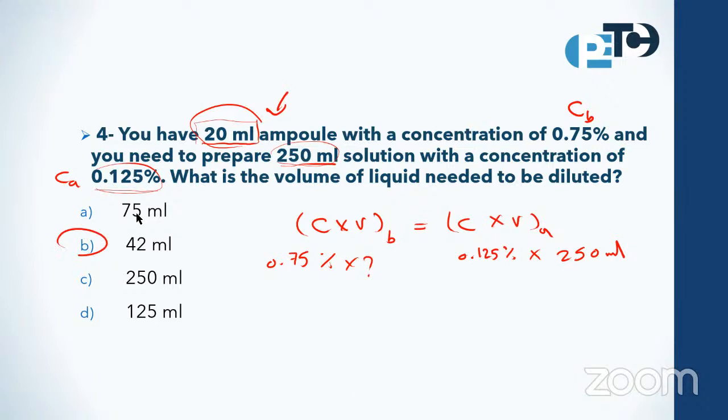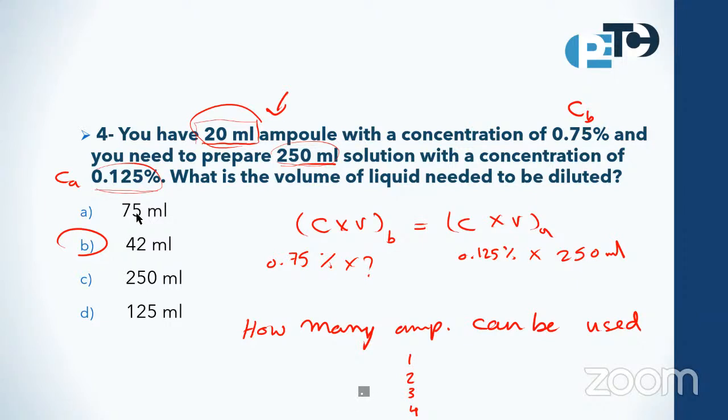It's a very easy and direct question. If he asks how many ampoules can be used, and the answers are 1, 2, 3, and 4, what is your answer in this case?